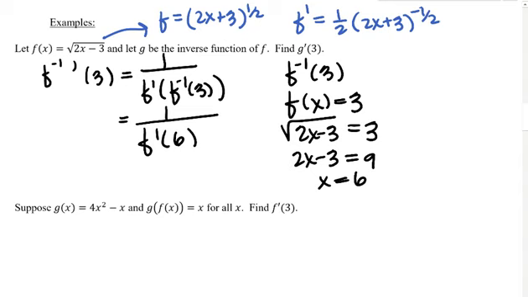Oh, it's 2x minus 3. Well, thank you for saving me before it went too far. And then the derivative of the inside is 2, so there we have it. And then f prime of 6 is equal to 1/2 of 12 minus 3, which is 9. 9 to the 1/2 is 3, so 3 to the negative 1 is 1/3.